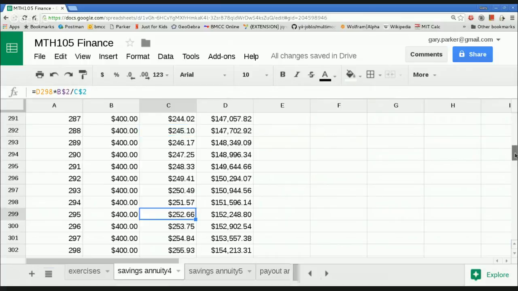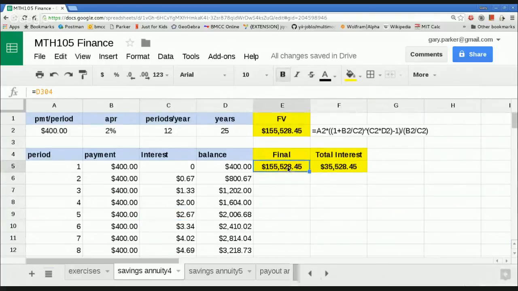Scrolling back up to the top, I just put a reference to that last cell in D304 here. And I'm just confirming that I get the same thing as the book formula. Book formula is this relatively complicated combination of growth rates and growth multipliers over a given amount of periods.